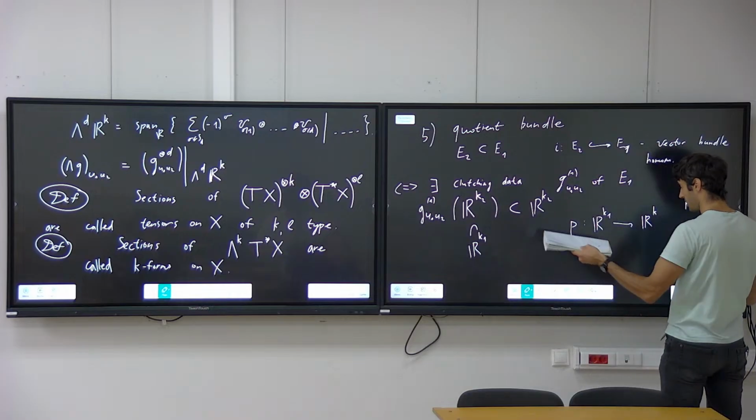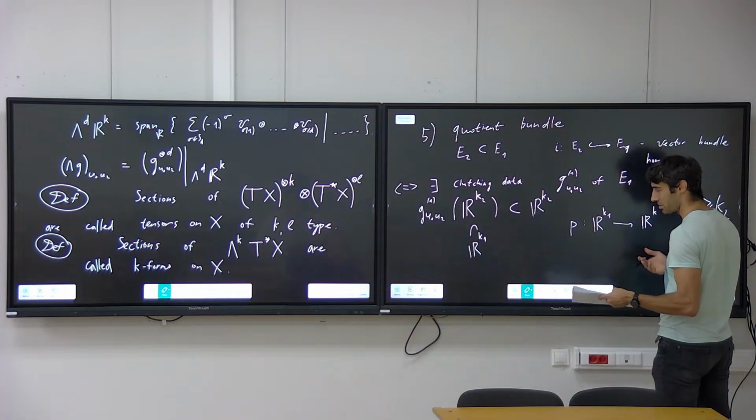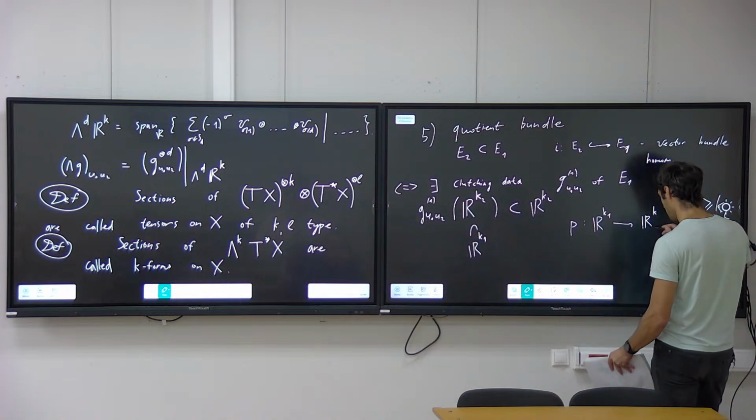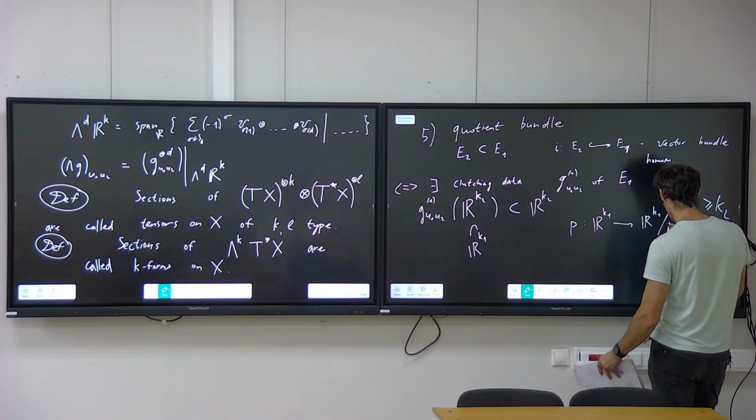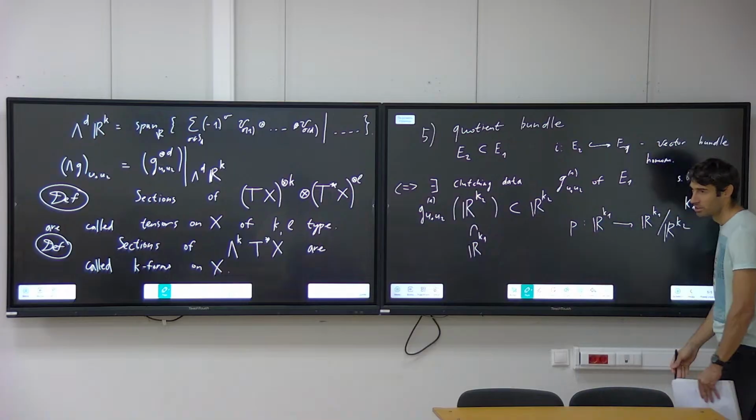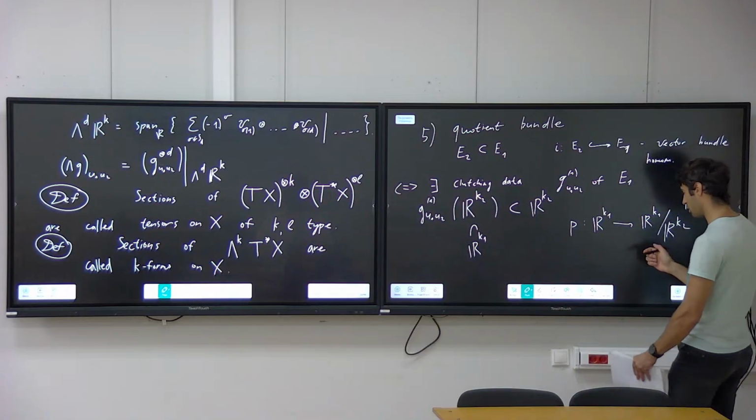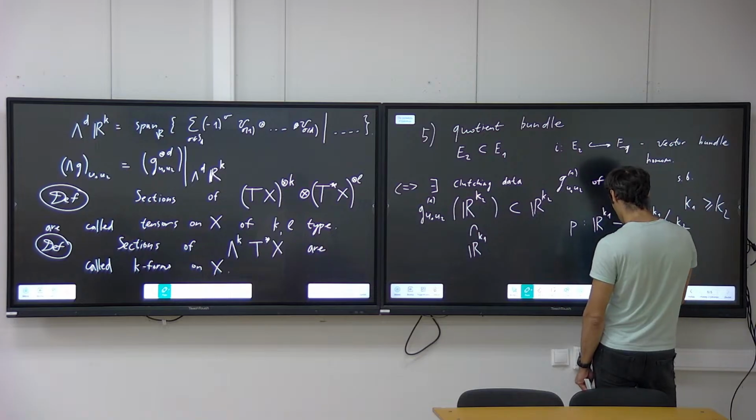Since it's invariant, well, I can take the quotient, this will be like a representation of GL as well, right? So I take this and consider the quotient. This is just a natural projection, and what I need is just this notation.